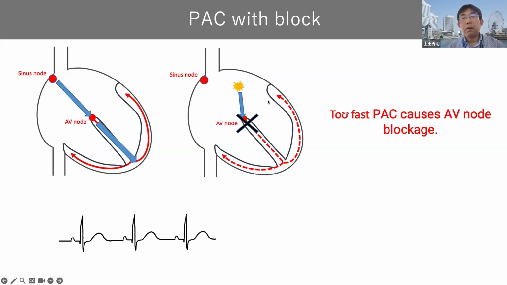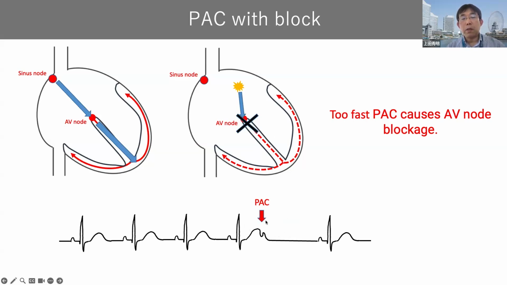But if a too-fast PAC happens, which causes AV node blockage, the QRS would not happen. Only the P wave could be observed, but no QRS will be observed, something like this, and the RR interval will be prolonged.